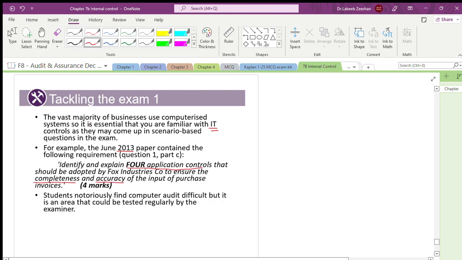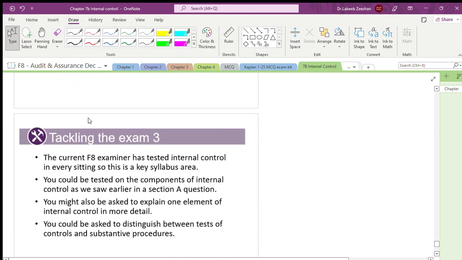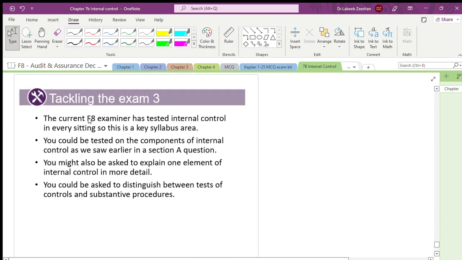See what they are writing. Students notoriously find computer audit difficult, but it is an area that is tested regularly by the examiner. The current F8 examiner tested internal controls in every sitting.